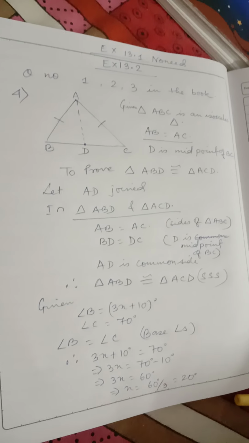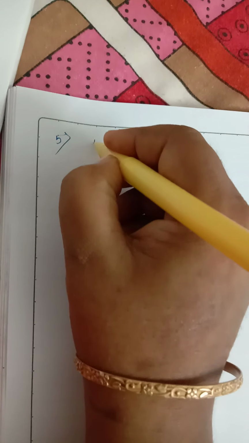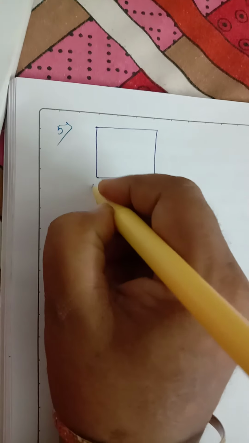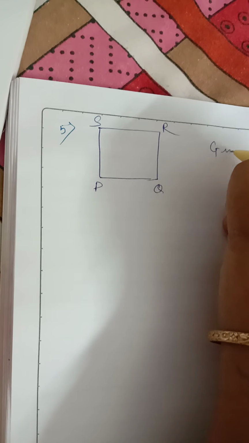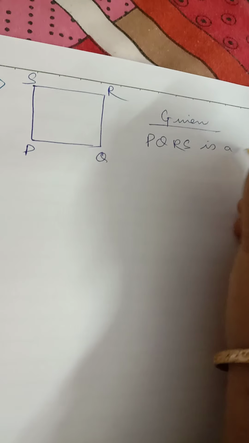Question number 5 says, PQRS is a square whose diagonal PR is joined. Prove that triangle PQR is congruent to triangle PSR. Given: PQRS is a square.